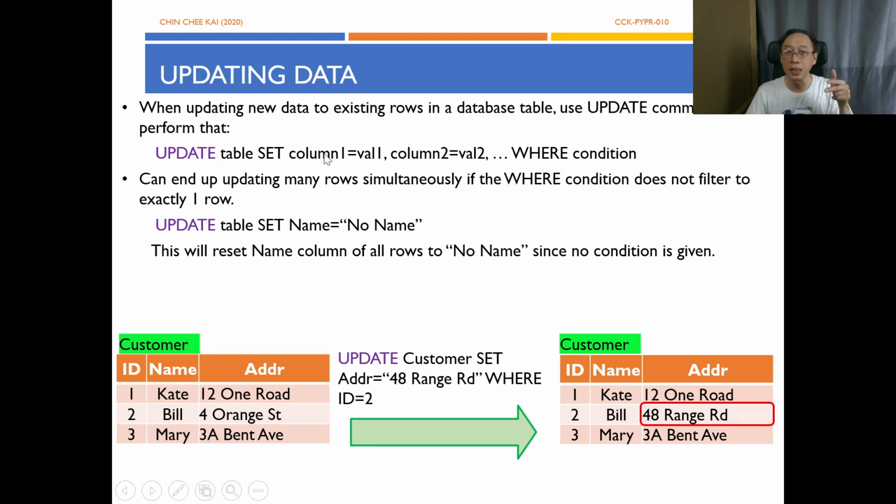Then we say set name to ABC, and all the 2 rows' names will be set to ABC. Set address to 1, 2, 3, and then all the addresses will be set to 1, 2, 3.